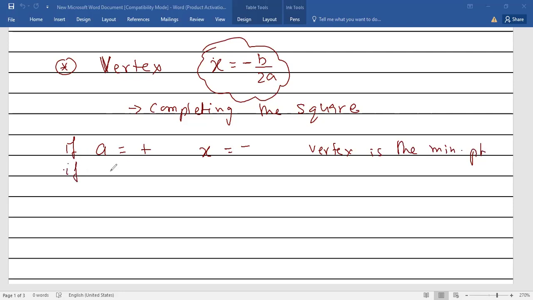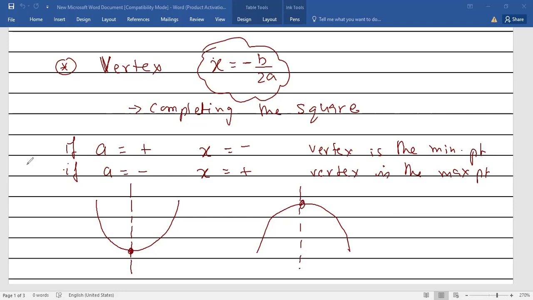If a is negative, then the vertex is the maximum point in the graph. Now it can be shown like this. This is concave up, this is concave down, this is the vertex, this is the vertex, this is the axis of symmetry, this is the axis of symmetry.